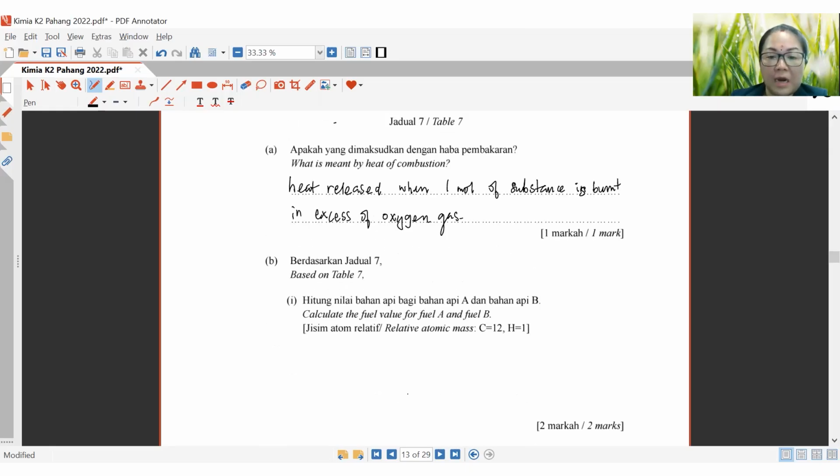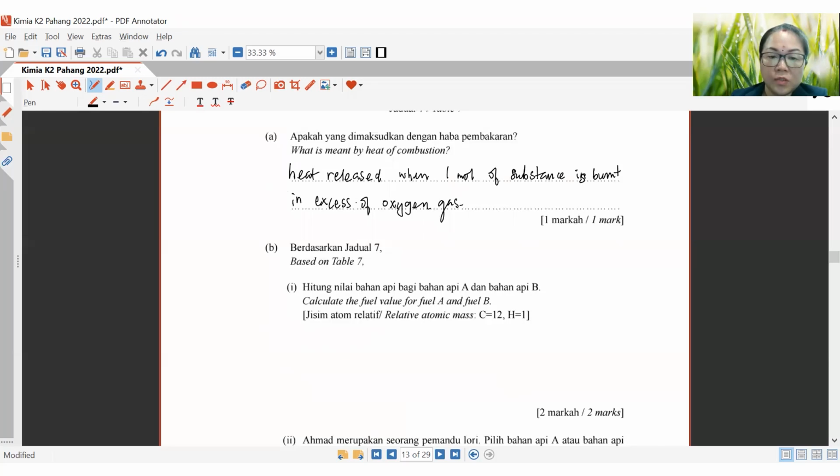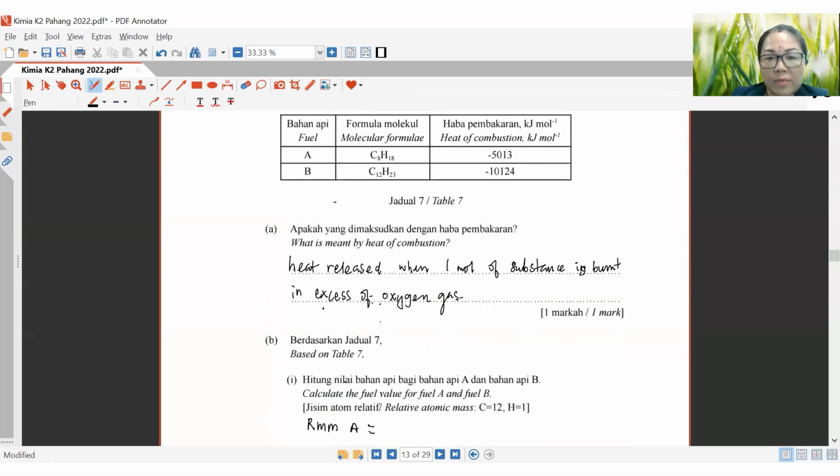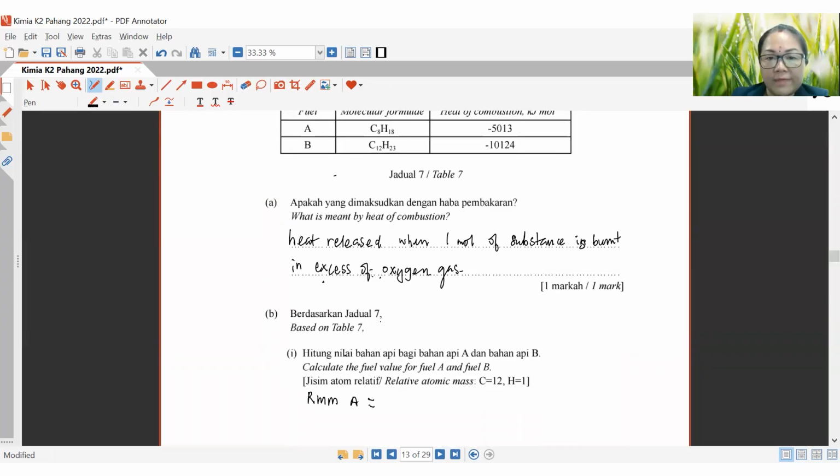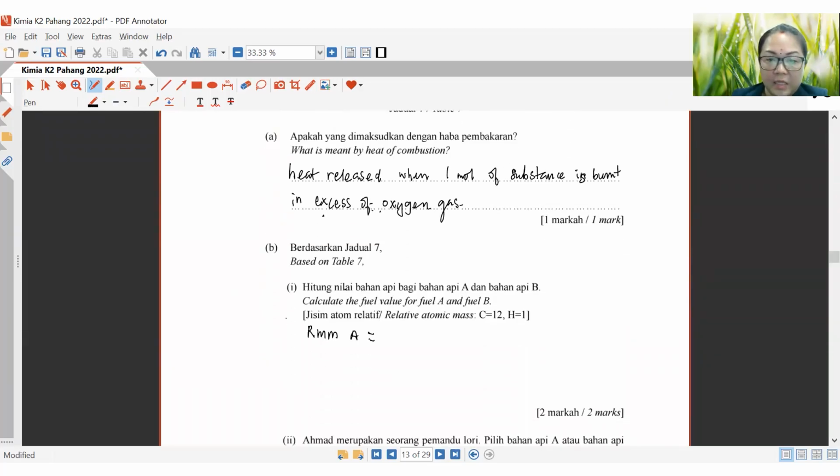The RMM for A, which has a molecular formula of C8H18, means 8 times 12 plus 1 times 18, which gives 114.